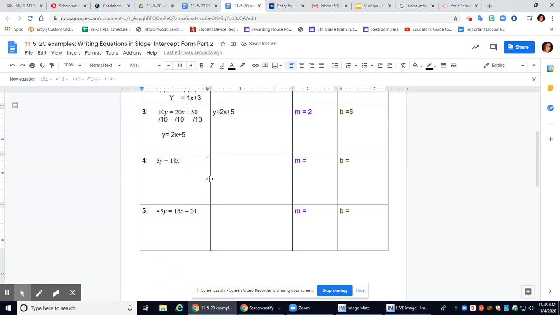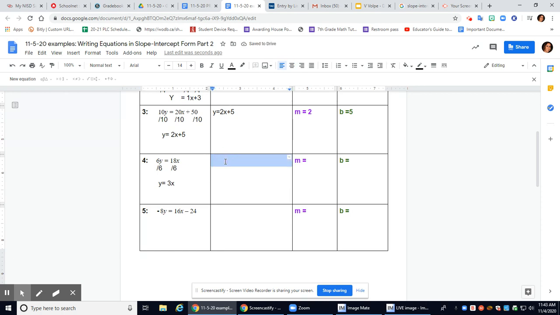So the next one, I have 6y equals 18x. On the side that has the y, we need the y by itself, so the 6 that's getting multiplied is going to be divided out by dividing each term by 6. When I do that, the 6's cancel out, leaving me with y equals 18 divided by 6 is 3, and put the x back on, and that's it.